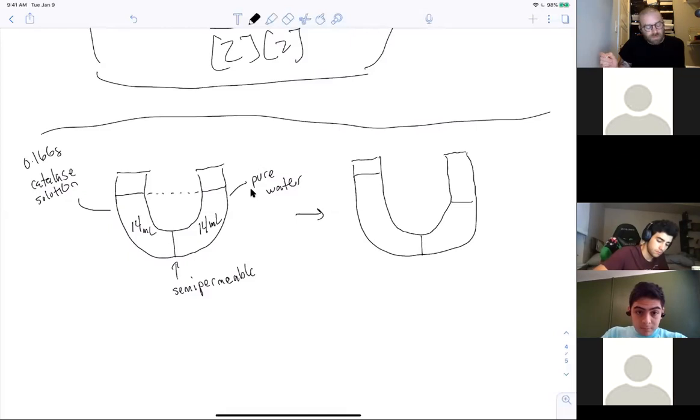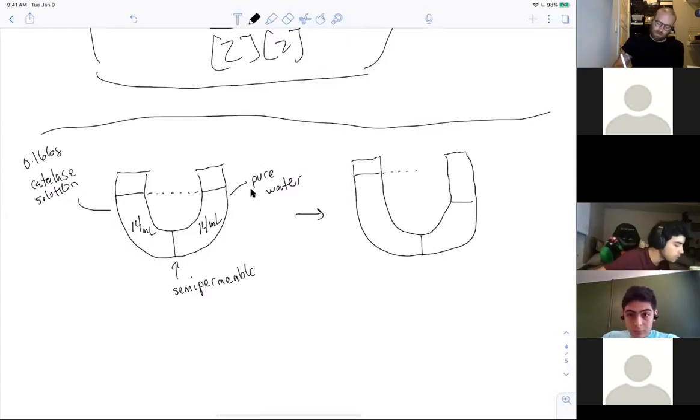It's telling you the osmotic pressure. I'm trying to think exactly how this is expressed. I guess the distance between here and here is the osmotic pressure, essentially.